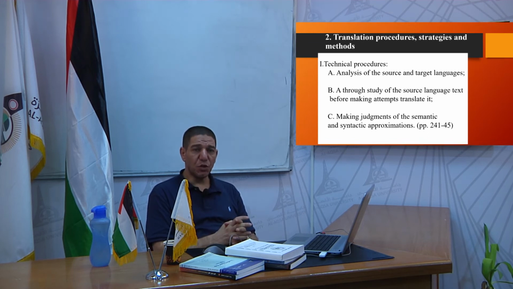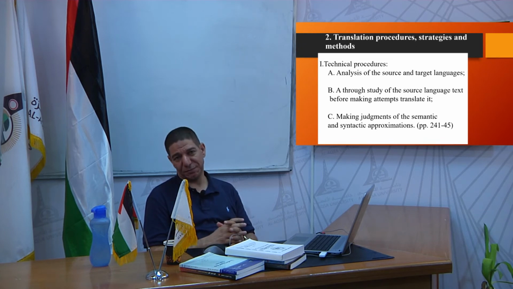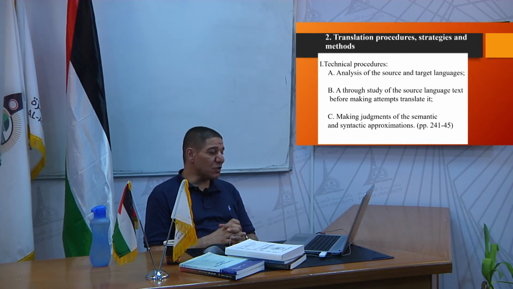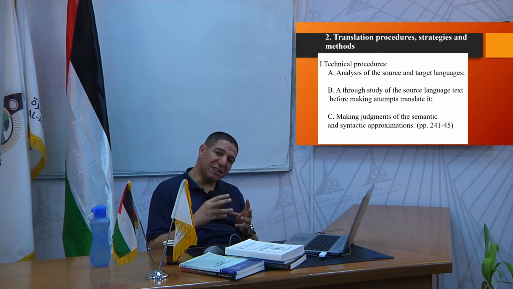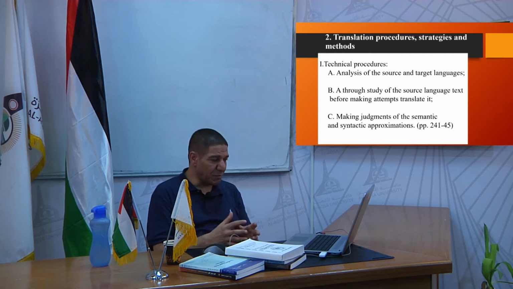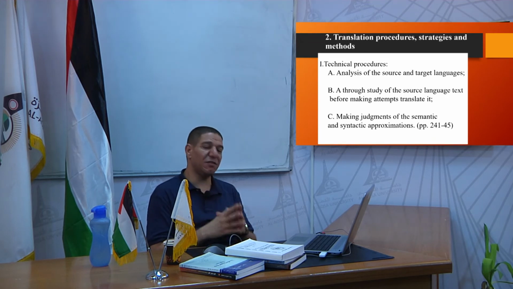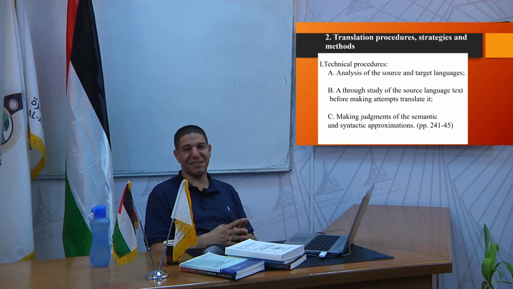But you might also need to make some readings around the text. Making judgments of the semantic and syntactic approximations is also very important, to know how the text functions at the level of semantics and at the level of syntax.